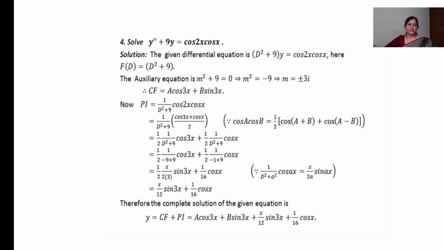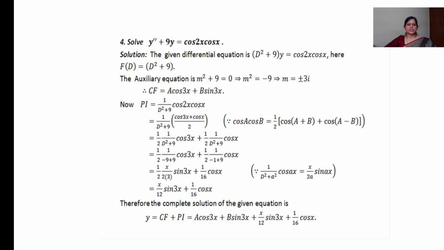The next example is: solve y'' + 9y = cos 2x cos x. See here, y'' means d²y/dx², and we know d/dx is capital D. That's why we write it in the form (D² + 9)y = cos 2x cos x. Here we have to notice one thing.